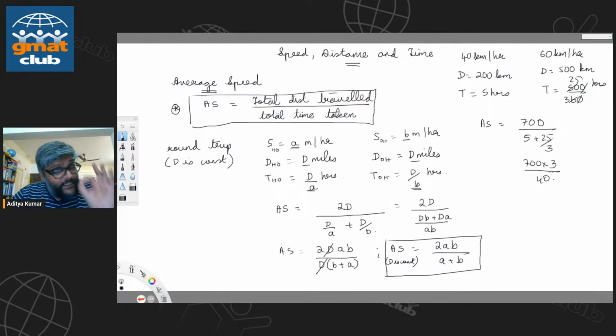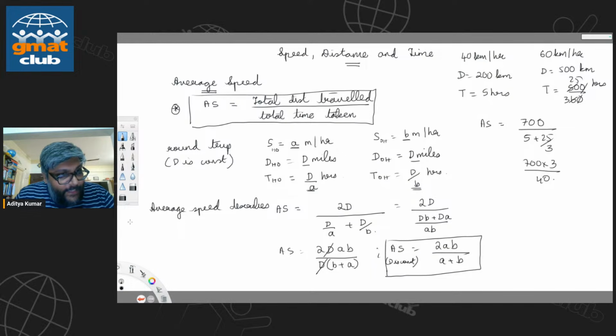So remember, keep this in mind. I'm going to write this down. Average speed describes the entire journey, not the individual moments within it.